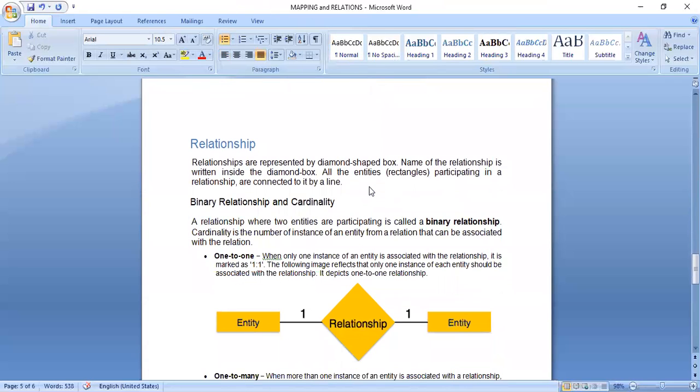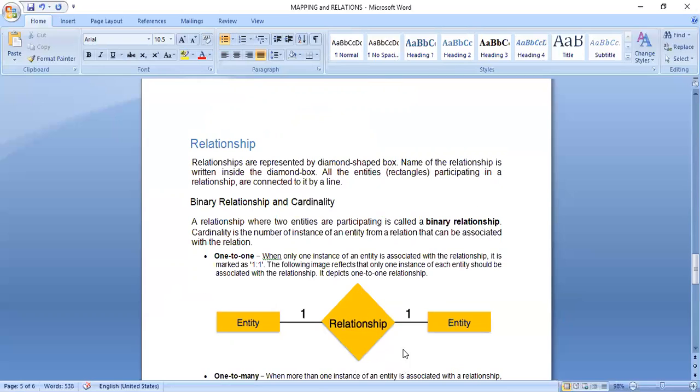Okay, so now we want to go through relationships. Relationships are depicted by a diamond shape. The relationship is determined between two entities, and this is the structure of a relationship. These are represented by a diamond shaped box.